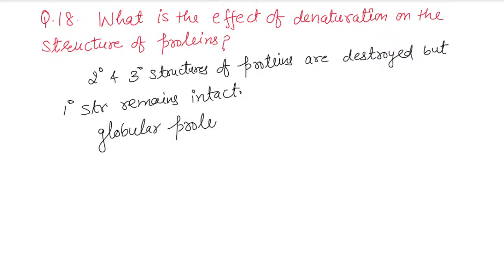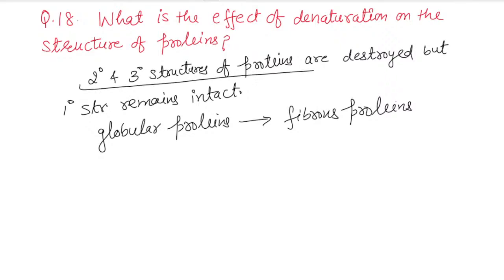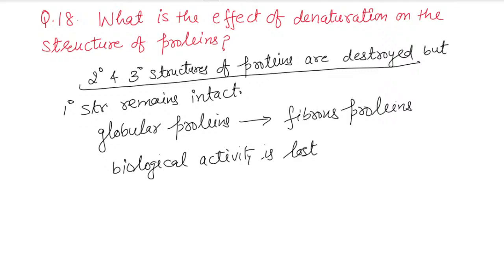As a result of denaturation, globular proteins are converted into fibrous proteins. Secondary and tertiary structures of protein decide the biological activity, so biological activity is lost due to denaturation. For example, a boiled egg that contains coagulated protein cannot be hatched to produce chickens.